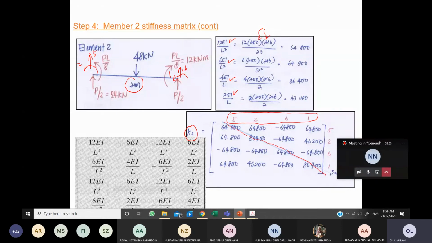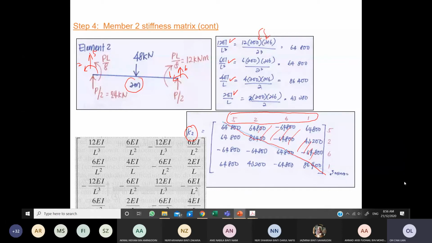This top triangle, this input, is actually a mirror of the bottom triangle. I highlighted some for you to see. They are mirrors, so actually you don't need to find both, you just find the top triangle, because they are mirrors.